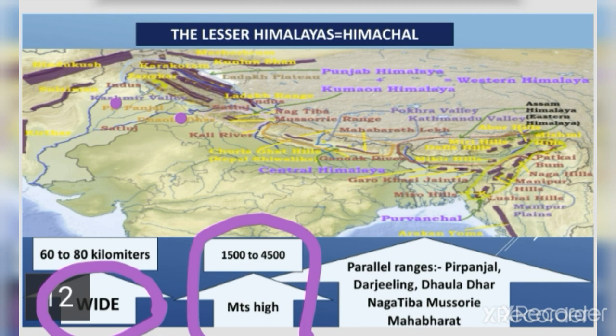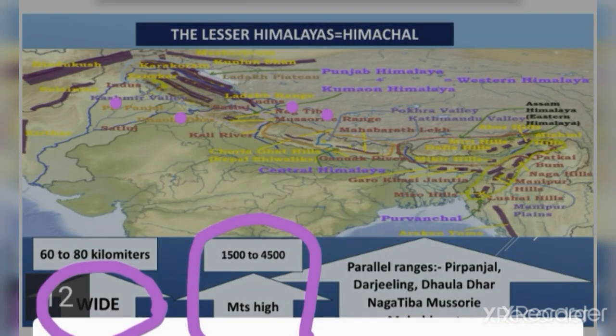Third one, Nagatiba here. Mussoorie in down. Mahabharata range, it is here. These are the important parallel ranges of Lesser Himalayas.